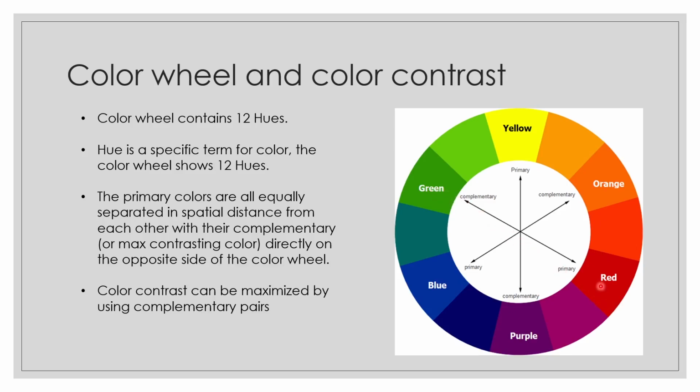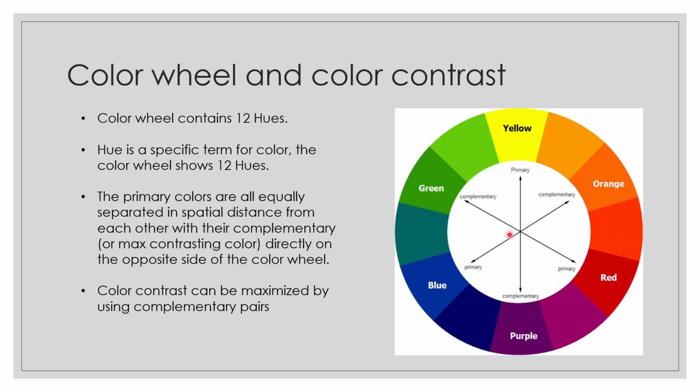And it turns out that the max color contrast is between these complementary colors. So red and green have the most color contrast. Same with blue and orange, and yellow and purple. And so using different colors for different data causes an awesome color contrast to form, and it just pops out details even more.